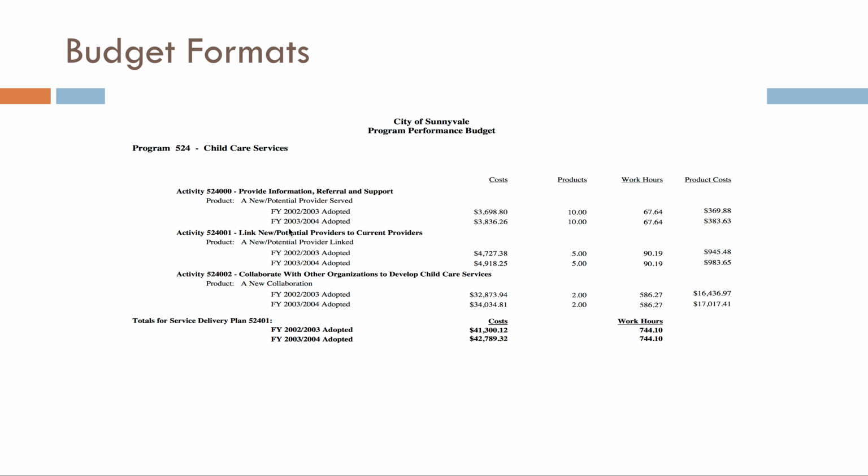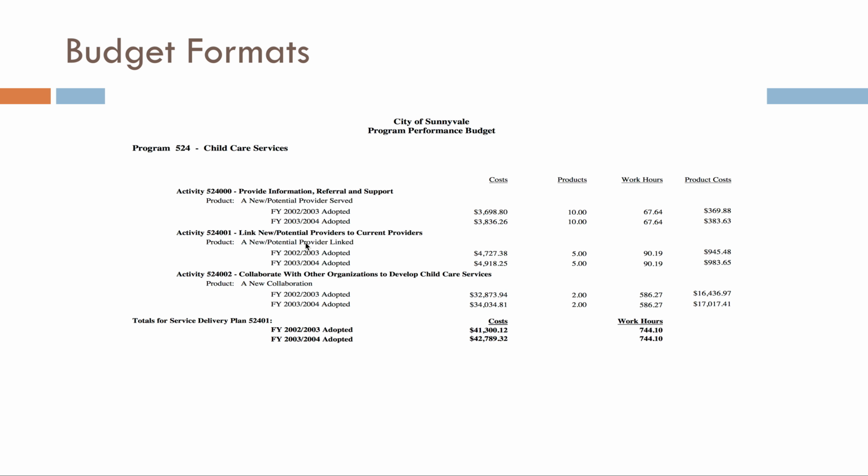And then linked to those measures, they have costs, right? And then, well, the performance category, then they have the costs, and then they have the actual measures. So for example, here they have provide information, referral, and support. Okay, so how are they measuring that? Well, they're measuring that through products, work hours, and then product costs. And so what they're doing is they're measuring work hours by product costs.